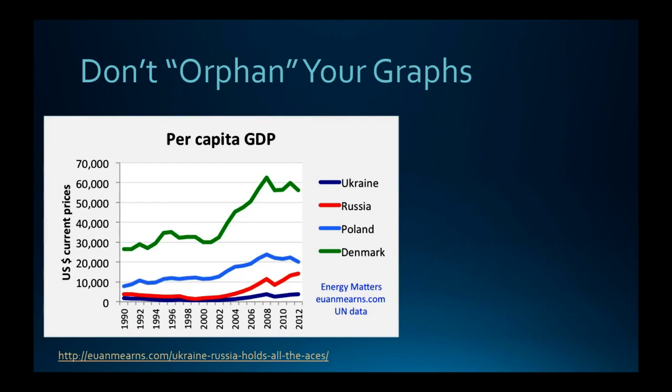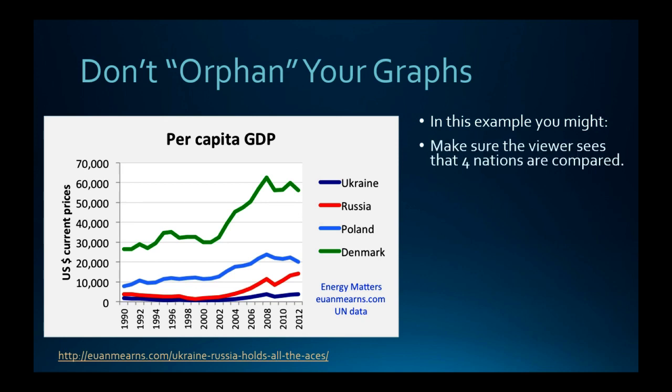For example, here we've got a graph on per capita gross domestic product for 4 countries: Ukraine, Russia, Poland, Denmark. And so if you were to include something like this in your presentation or your paper, you might first make sure the viewer sees that there are 4 nations being compared. So you might say in figure 1, 4 different nations are compared.